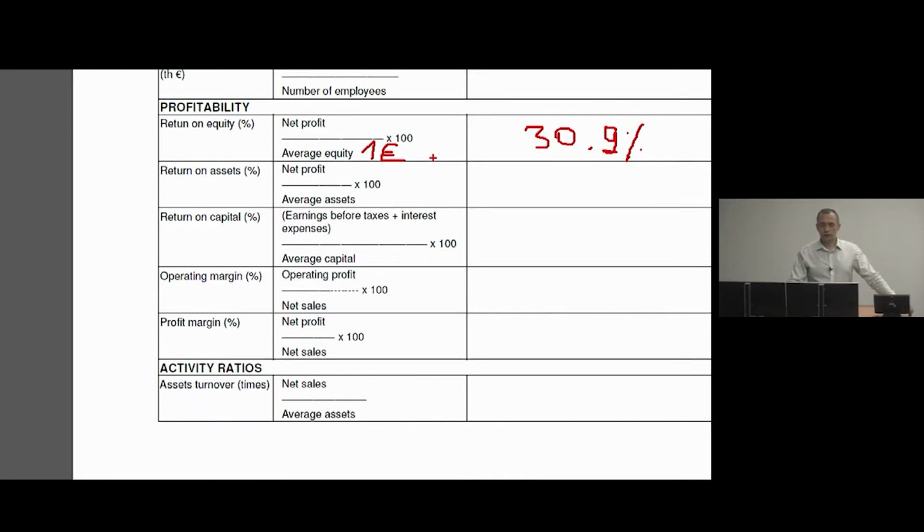Then we can have the technical conclusion that each euro invested by the owners generated 30.9 euro cents as net profit. Each euro invested to equity generated 30.9 euro cents as net profit. So that's the easy way to make technical conclusions when you are somewhere, for example, in the middle of a meeting.